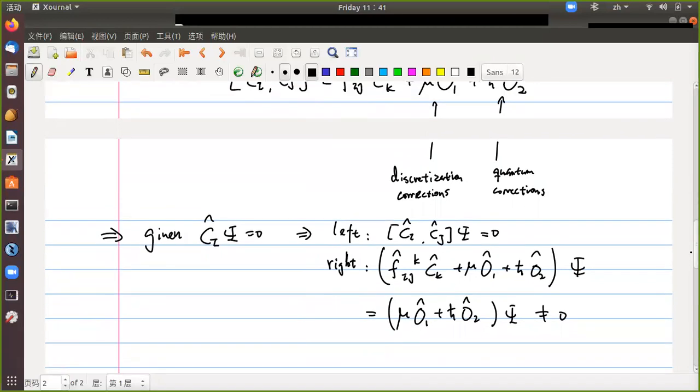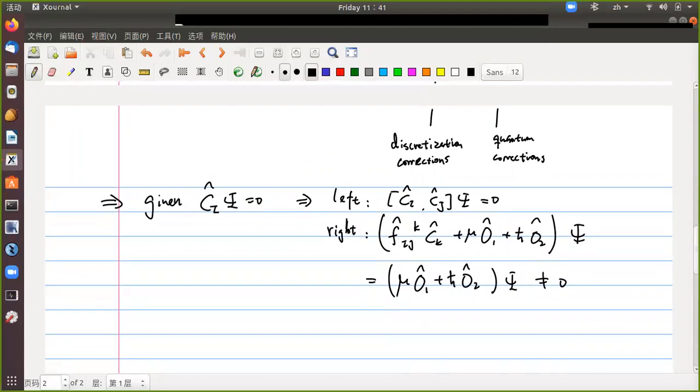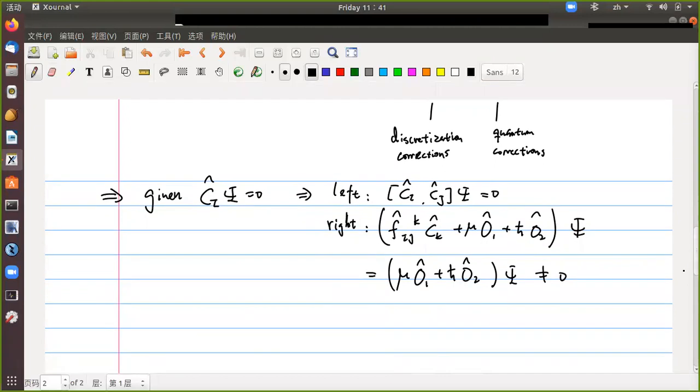However, we can remove this inconsistency by adding some more constraints, by requiring that the operators O1 and O2 individually acting on psi equal 0. Then it will become consistent.